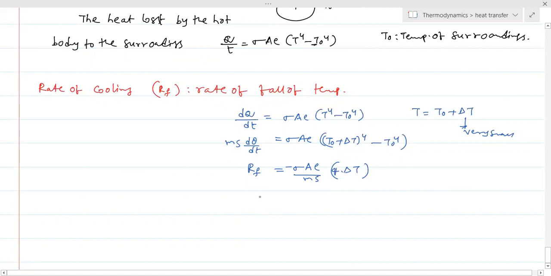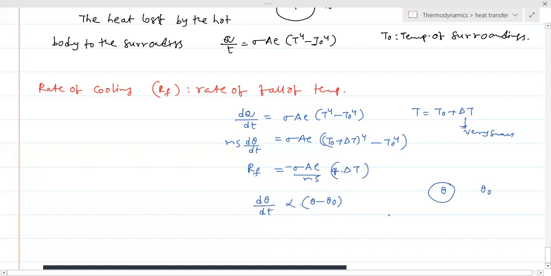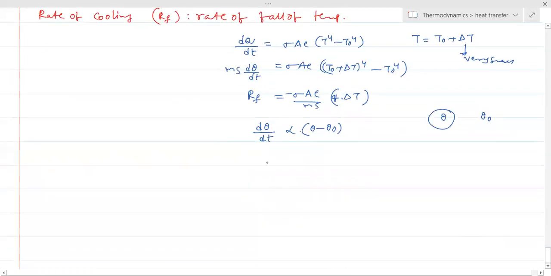Finally, d theta by dt is proportional to the temperature difference, theta minus theta naught, where theta is the temperature of the body and theta naught is the temperature of the surroundings.